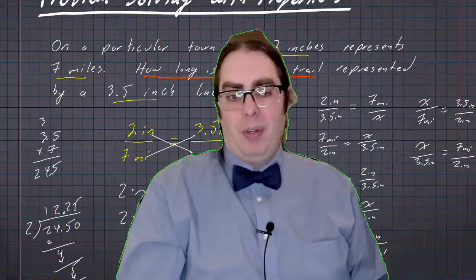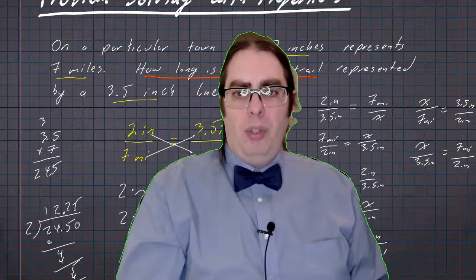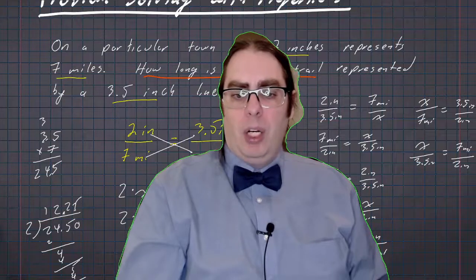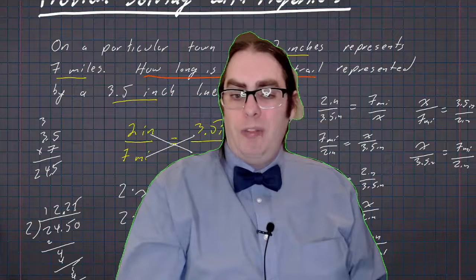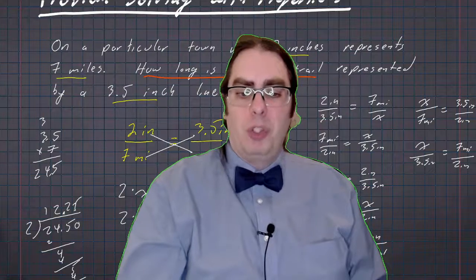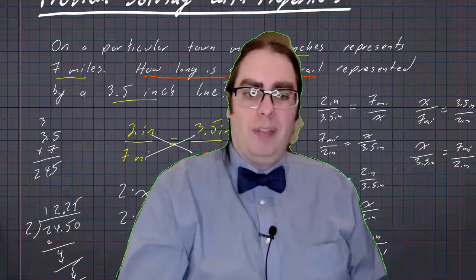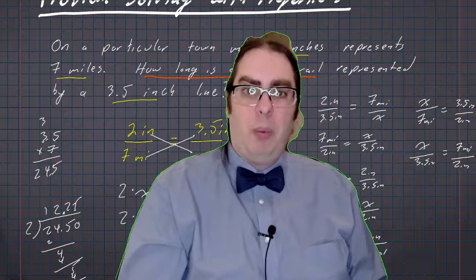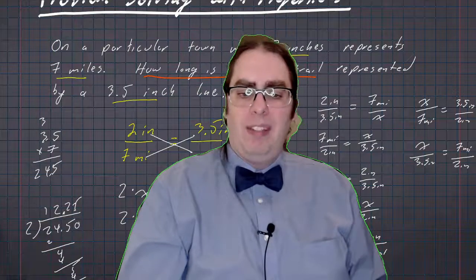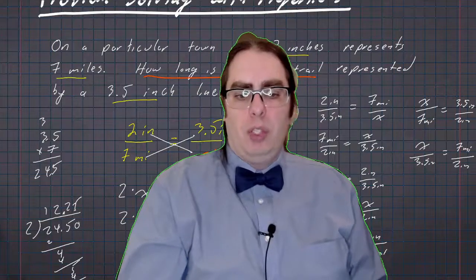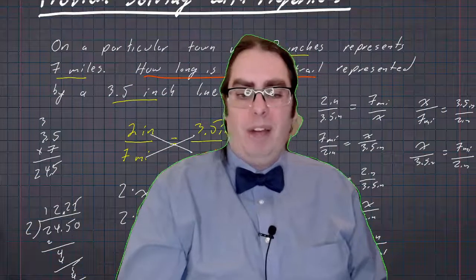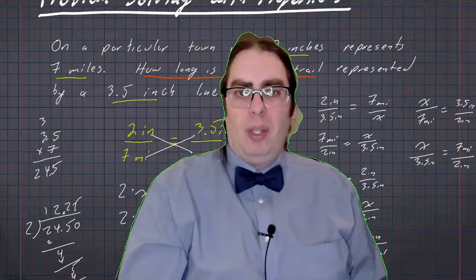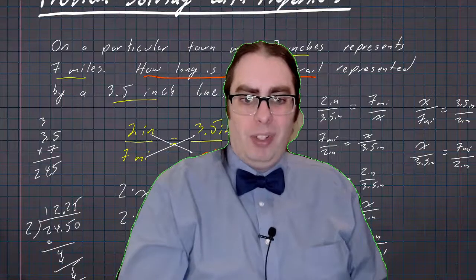There are a couple of other options. All told, there are 24 different proportions that you could write using the same set of numbers. Only 8 of them work. So you do have to take some care to make sure that you set up a valid proportion, but you do have a lot of valid options. So it does make your life a little bit easier in that regard.